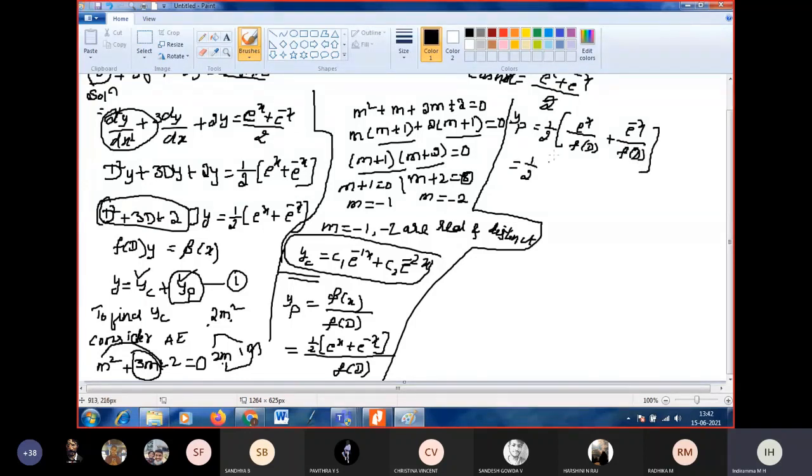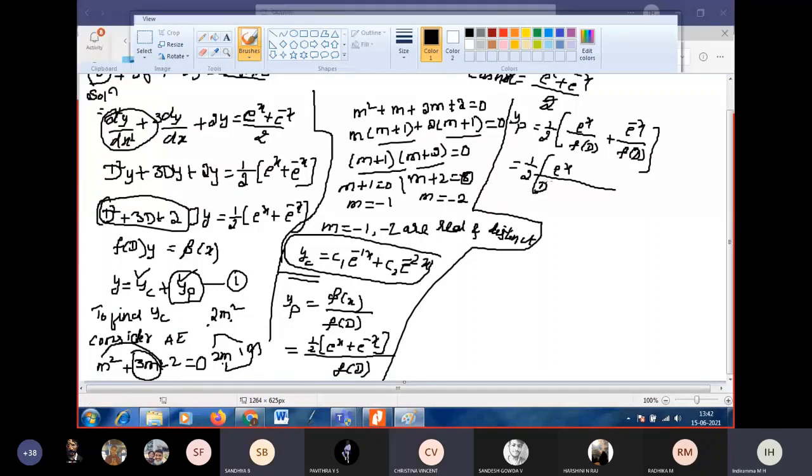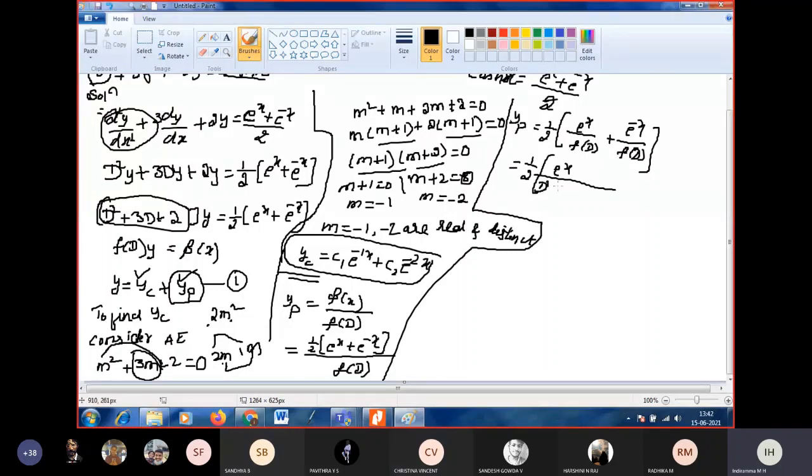What is f of d? f of d is d square plus 3d plus 2. Substitute that value here: e power x by d square plus 3d plus 2, plus e power minus x by d square plus 3d plus 2.